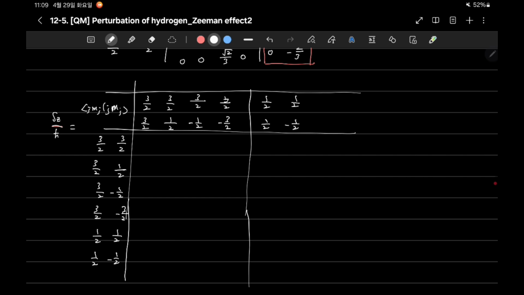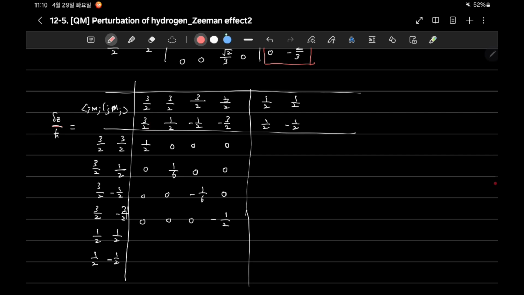So likewise, this calculation is also very tedious, and I do not calculate anymore. Then the result is like this: 1/2, 0, 0, 0, 0, 1/6, 0, 0, 0, 0, minus 1/6, 0, 0, 0, 0, minus 1/2.